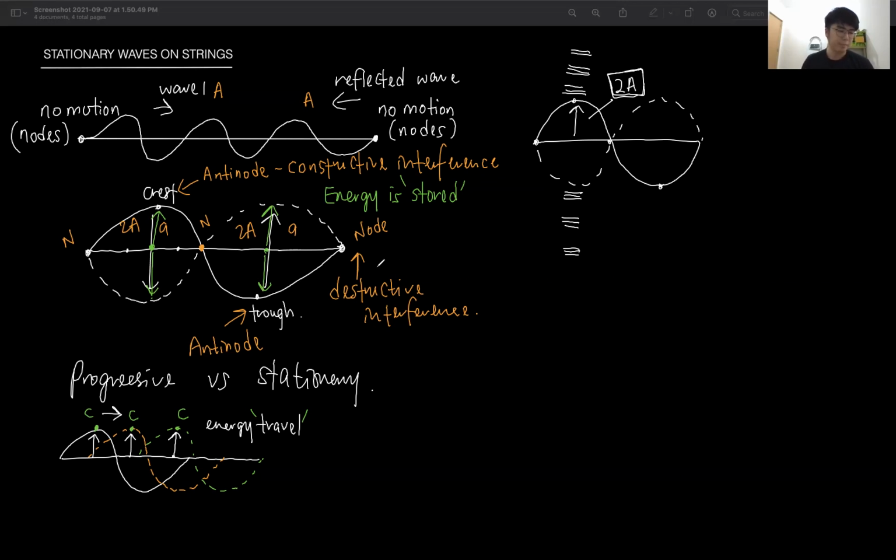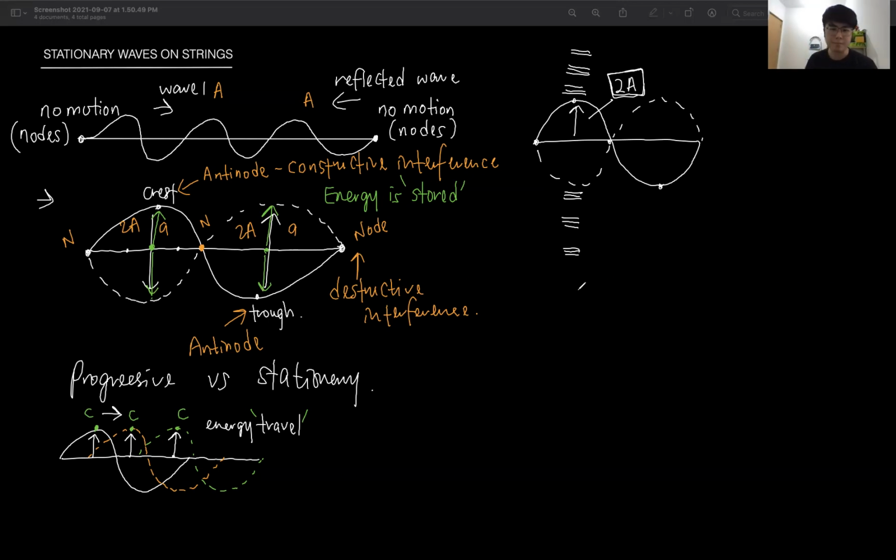Now, next we want to look at how many possible stationary waves can be formed if we pluck the string. Remember that I said this is just one pattern, right? If I pluck the string, there are actually many patterns that can form.